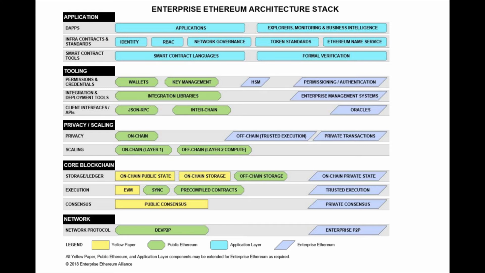We started off by identifying the core components in terms of public Ethereum technology, and those are the components in green and yellow. Those in yellow are items that were actually specified in Ethereum's formal specification, the yellow paper, and those in green are components where there's active work happening in the public Ethereum ecosystem.